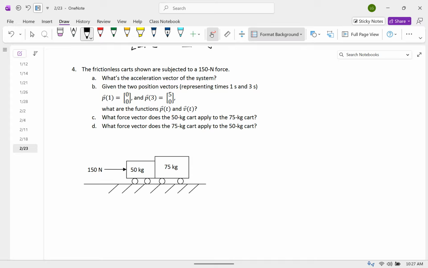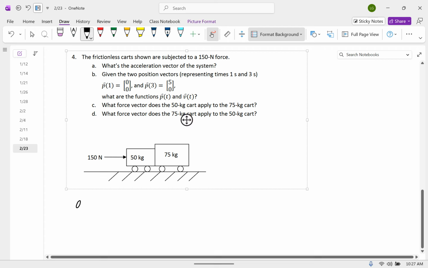First, it asks what's the acceleration vector of the whole system. Then it asks for the velocity and position as functions of time, and then some force vectors. I'm going to do A, C, and D first, and then we'll talk about B. That's a differential equations thing.